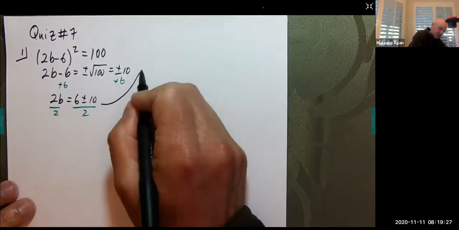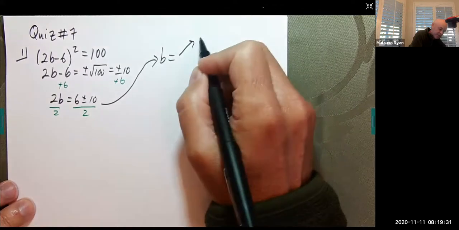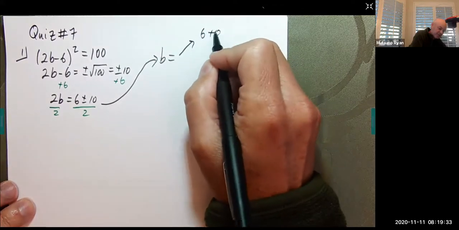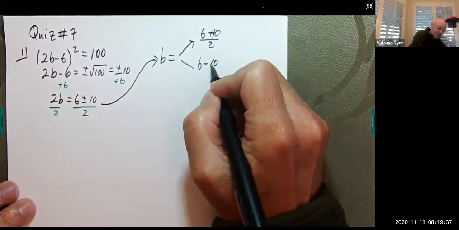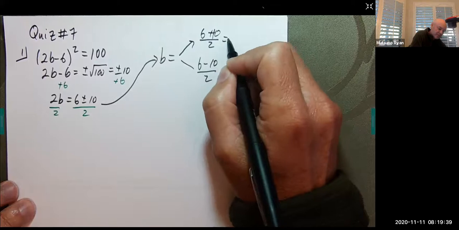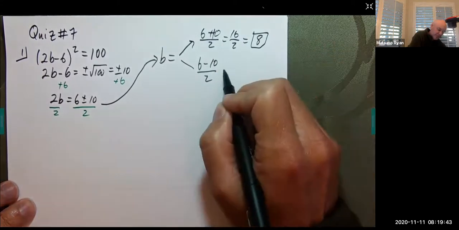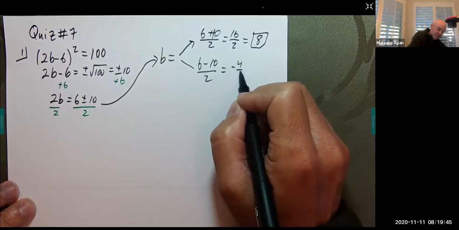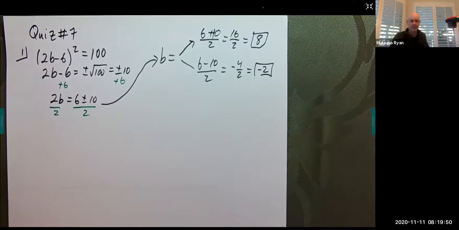So let me come over here. So B is 6 plus 10 divided by 2, and 6 minus 10 divided by 2. And there we have our two answers.